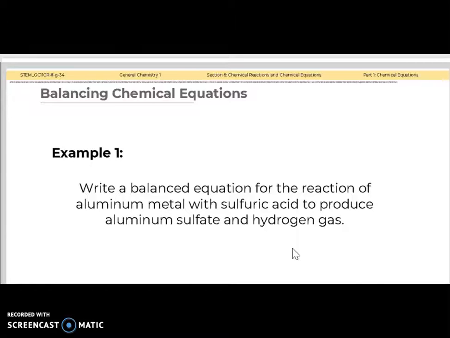So, as you all know, you have to be able to write the chemical formula for you to be able to arrive at a chemical equation. So you have to answer this by starting off with writing the chemical formulas involved in the chemical equations, and after which you balance that chemical equation.